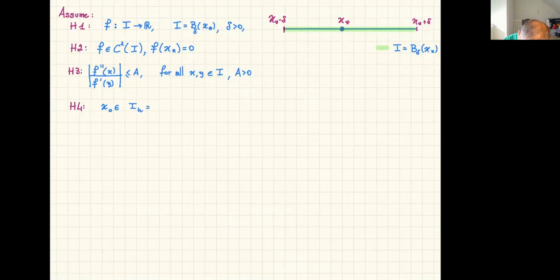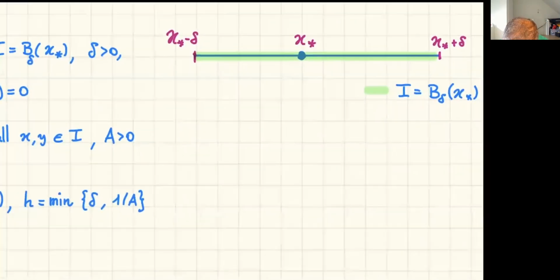This interval is the ball centered around x star, with radius h, where h is either delta, so either I sub h is I, effectively, or it'll be smaller than delta and equal to 1 upon A.